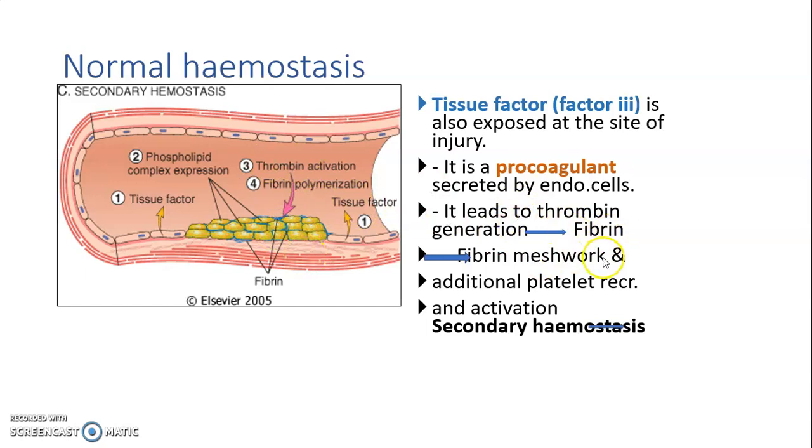The fibrin meshwork and additional platelet reactivation will lead to secondary hemostasis. So in secondary hemostasis, tissue factor is an important factor which will lead to thrombin activation leading to fibrin deposition.